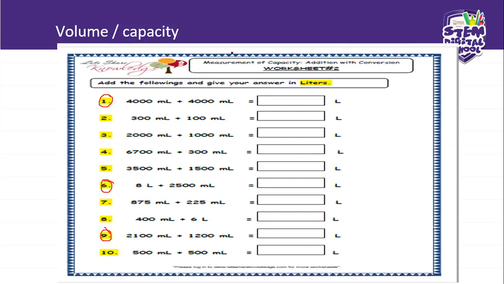Right now, we're going to look into the correction. So we start with number 1, then we go to number 6, then we go to number 9. Let us try that as much as possible.